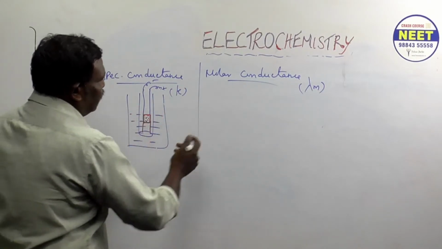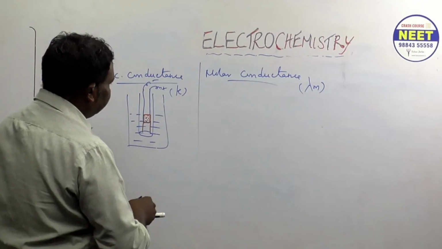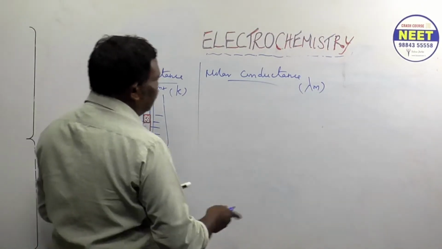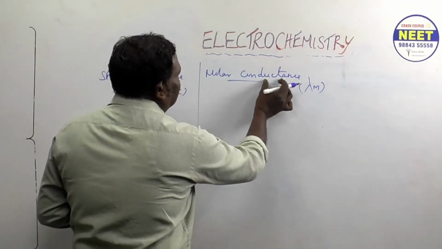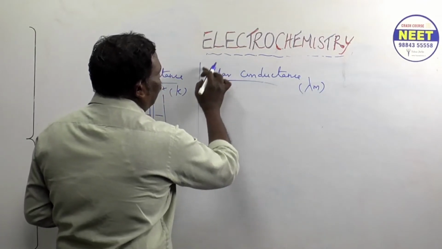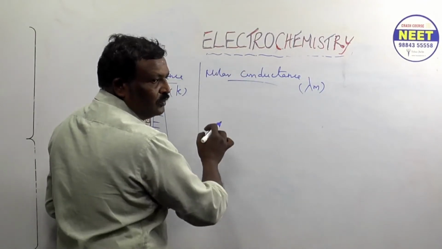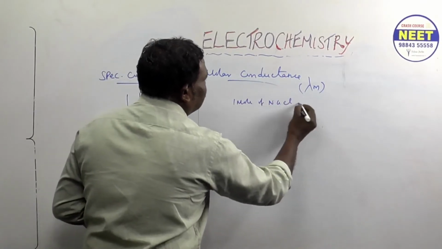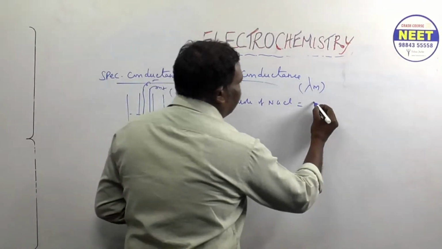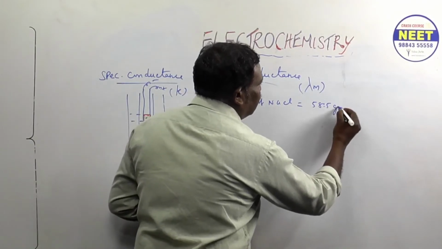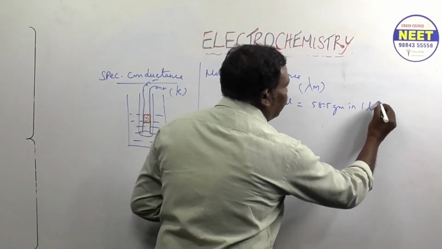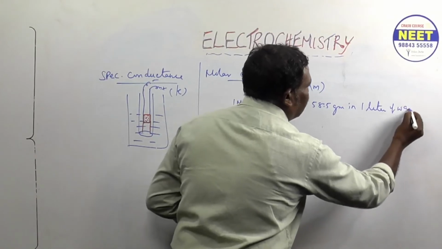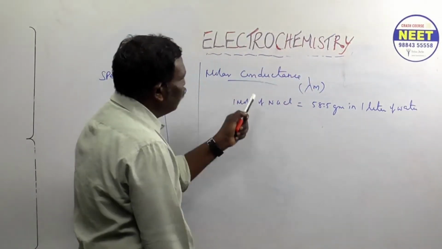Then molar conductance is the conductance of the solution containing 1 mole of the electrolyte. 1 mole means, for example, 1 mole of sodium chloride is 58.5 gram in 1 liter of water.